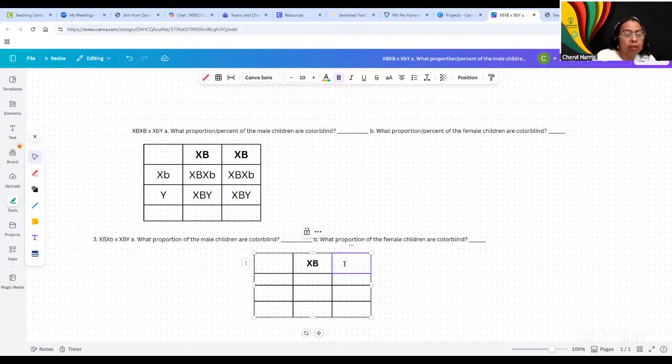And then the other allele is, so now we're taking the offspring, lowercase.